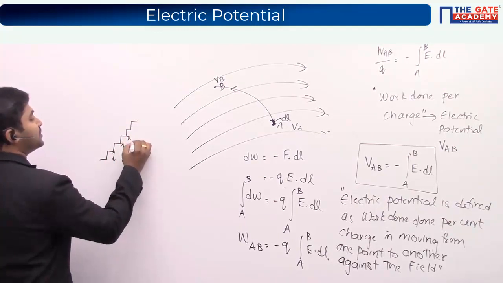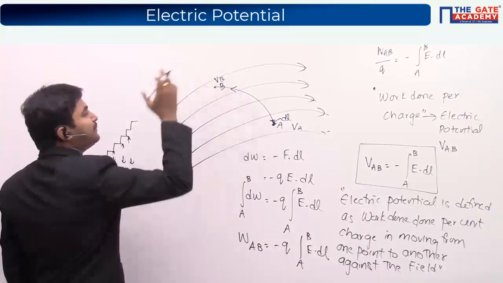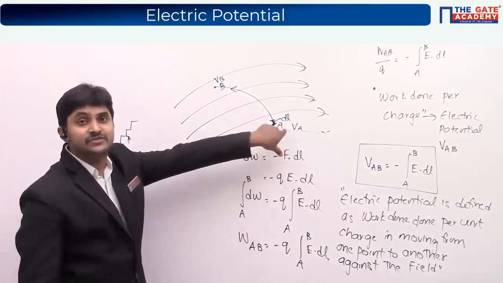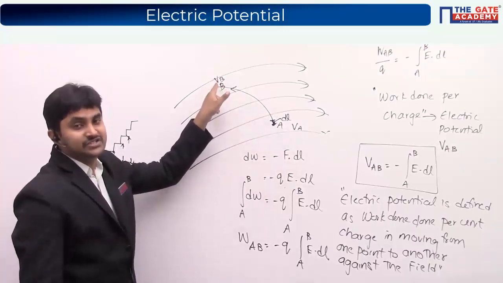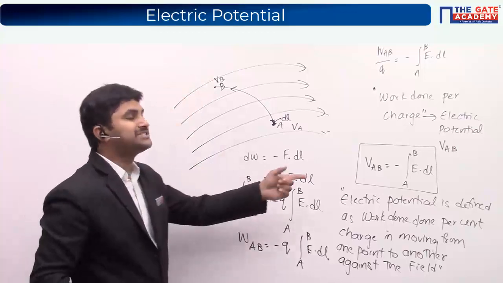We can also define the potential energy of each and every point which is present. So if the potential energy here is V_A and here is V_B, then if I am moving from A to B, can you please tell me what is the potential?